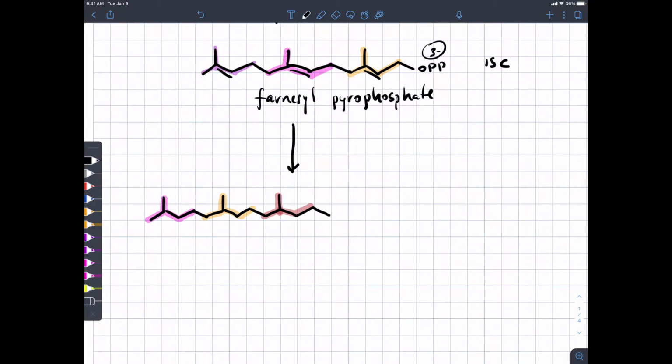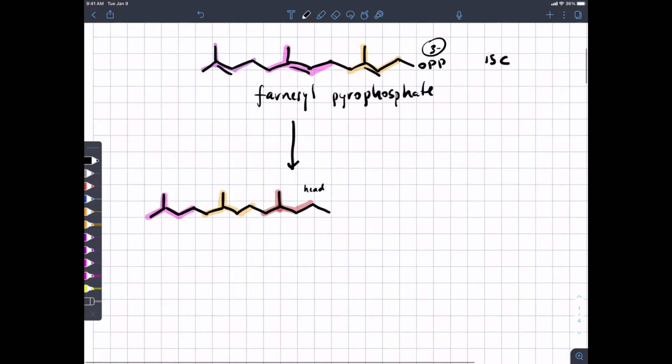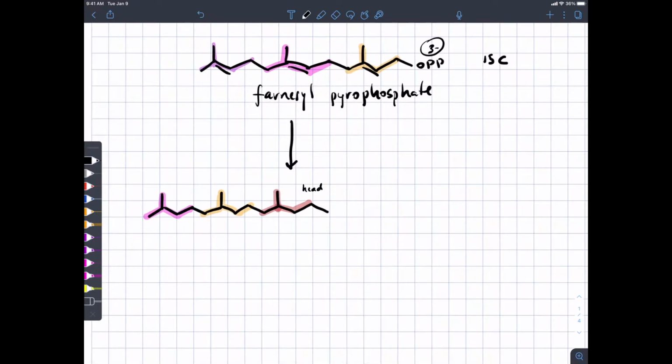But at this stage, the bond we make between the head part of one terpene unit is going to actually be bonded to the head of another terpene unit. So now we're going 5, 4, 3, 2, 1. So now we're going backwards.